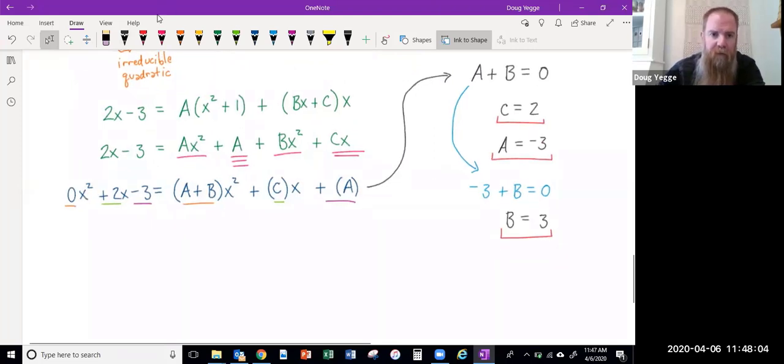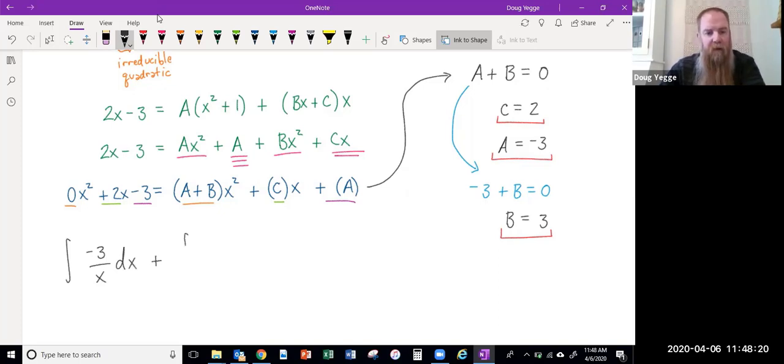So let's do that. Let's say the integral of a over x, so that's just -3 over x dx, plus the integral of bx plus c, which is just going to be 3x plus 2 over, what was it? x squared plus 1.